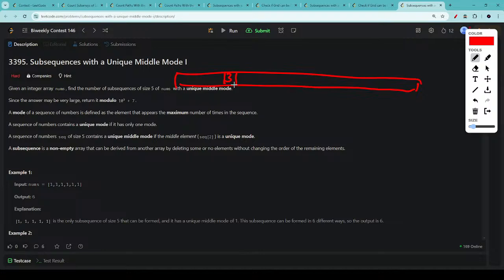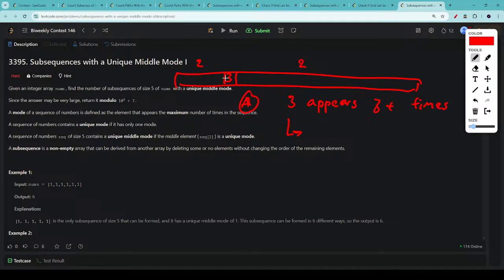So if 3 is the middle number, I need 2 numbers on the left and 2 numbers on the right. And there are a few conditions to satisfy. Either A, 3 appears 3 plus times in total in the 2 separate sides, which means that you can calculate this actually.